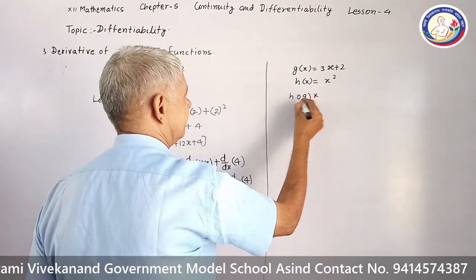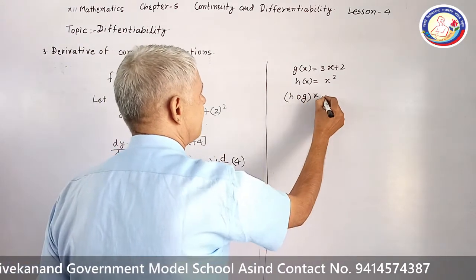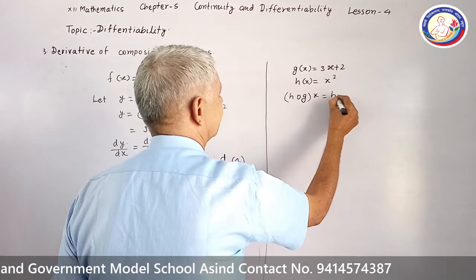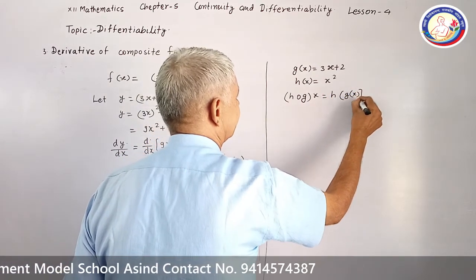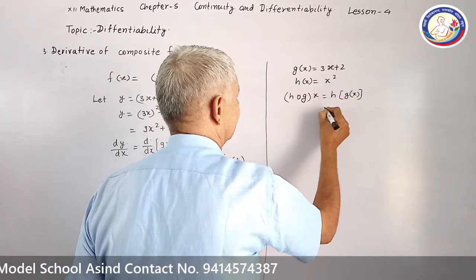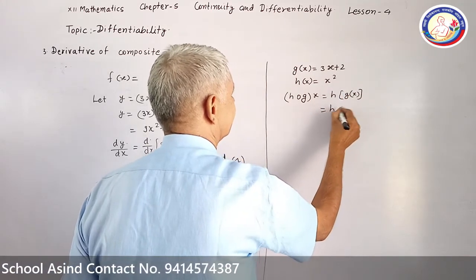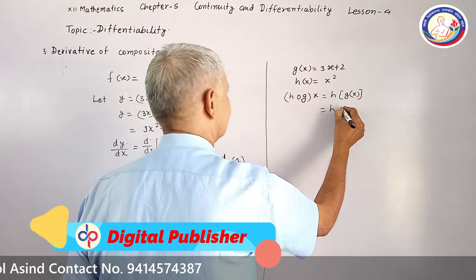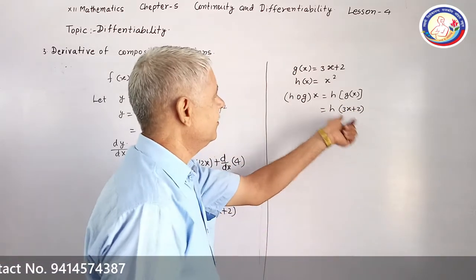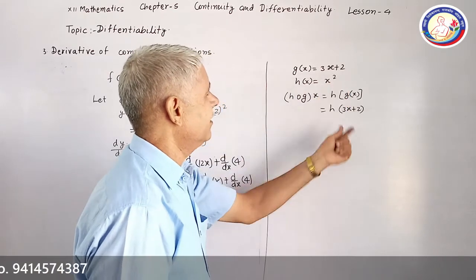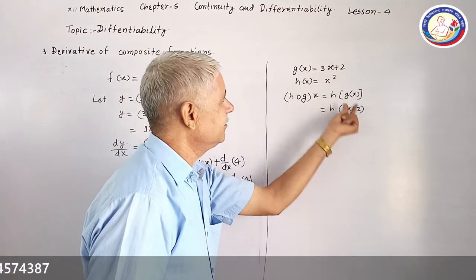h of g(x) will be h(g(x)). Now put here 3x plus 2, and what is the function h? x square. So (3x plus 2) square.